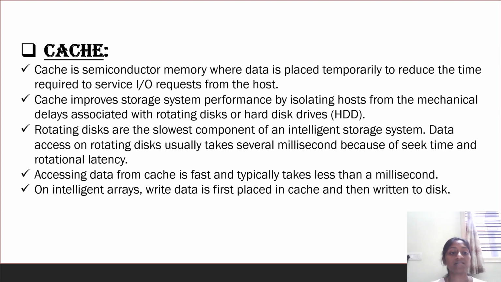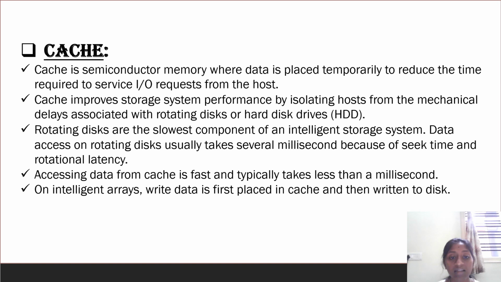Second component, that is cache. Cache is semiconductor memory where data is placed temporarily to reduce the time which is required to service input-output requests from the host. Cache improves storage system performance by isolating hosts from the mechanical delays which are associated with rotating disks or hard disk drives.